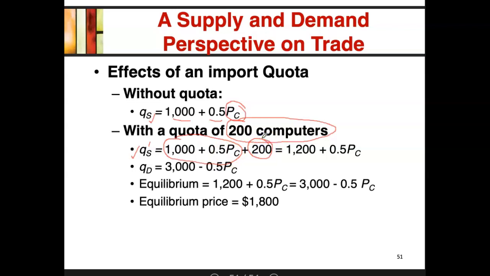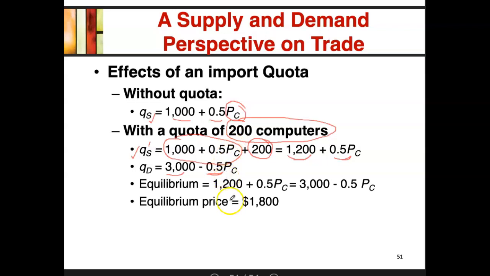So we add this 200 to our equation, and we have 1,200 plus 0.5 PC, and nothing really happens to our demand equation. It still stays the same. Remember that the quota is adding to domestic supply. The government has given a license, or given people the right, to import only 200 computers, so that is added to our supply equation.